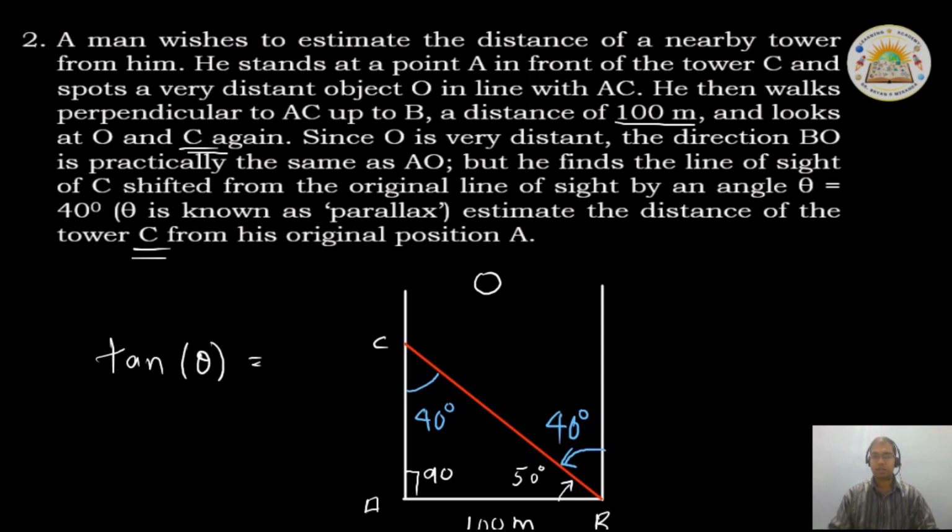Tan theta is nothing but opposite by adjacent. So in this case, we know that this is 40 degrees, what is given from our question. Since it is vertically opposite, this is the opposite side, that is AB. So tan theta, I can take it as AB by AC.